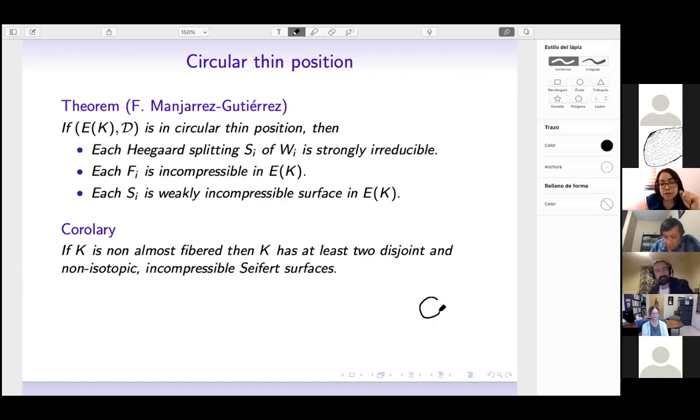This is because if our knot is non-almost fiber, then it has at least two thick levels. So it also has at least two thin levels.